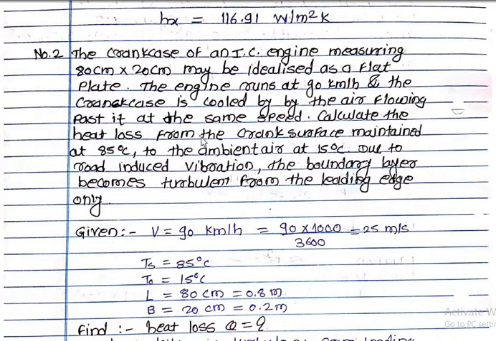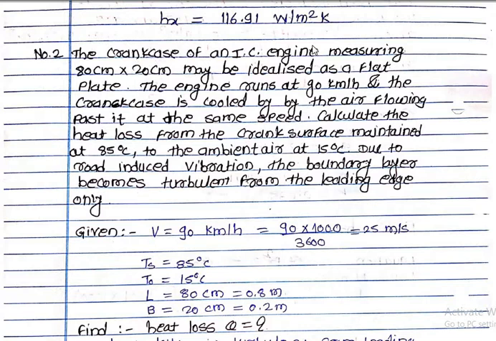Calculate the heat loss from the crank surface maintained at 85 degrees Celsius to the ambient air at 15 degrees Celsius. Due to the road induced vibration, the boundary layer becomes turbulent from the leading edge only. So this is the problem related to the crankcase.